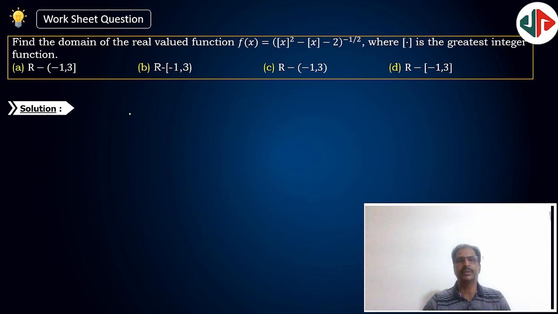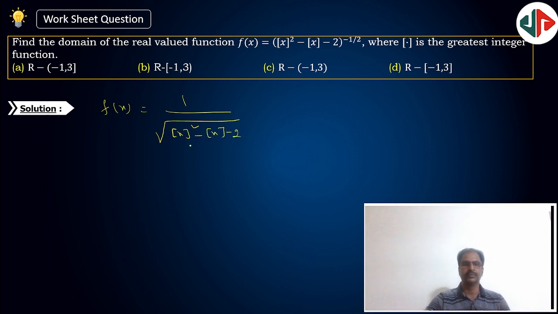Next, find the domain of f of x is equal to whole power minus half, which means 1 by root. So this is 1 by under root of step x whole square minus step x minus 2. Now we have to find the domain for this function. This is defined when the function inside the root in the denominator is positive.